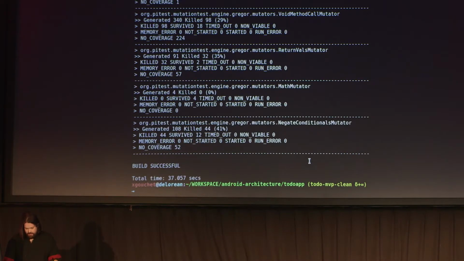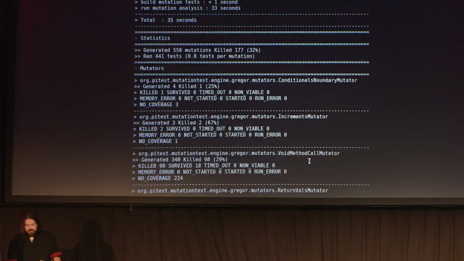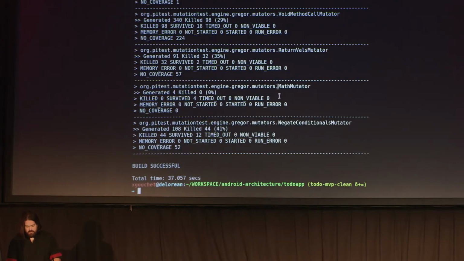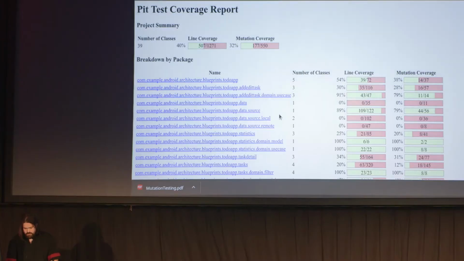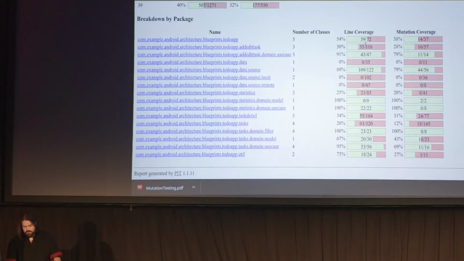And basically, it gives a report. So you have some report in the console, but you obviously also have an HTML report. And those reports, it's just a coverage report, so you can see for each file the code coverage and the mutation coverage.